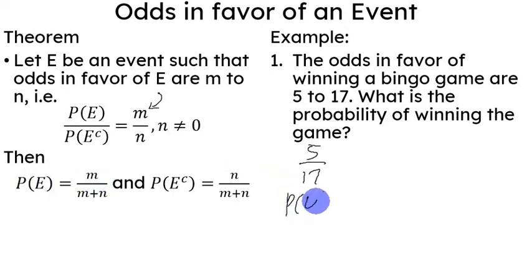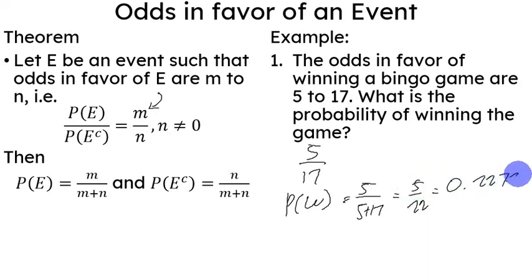The probability of winning would be 5 over 5 plus 17, which is 5 over 22, which is 0.2273 in decimal, or 22.73%. So it's a pretty low chance of winning, only around 20%. That's why your odds of winning are 5 to 17.